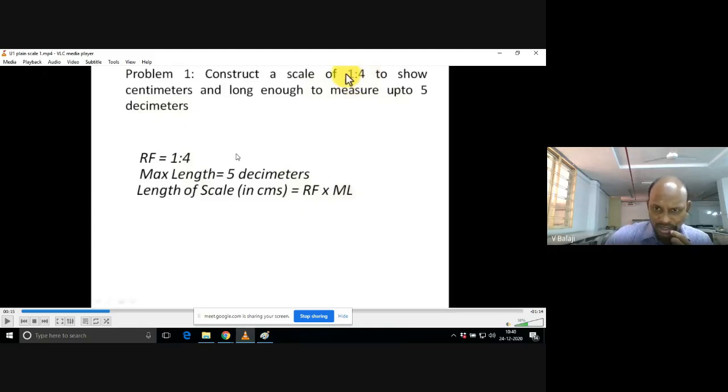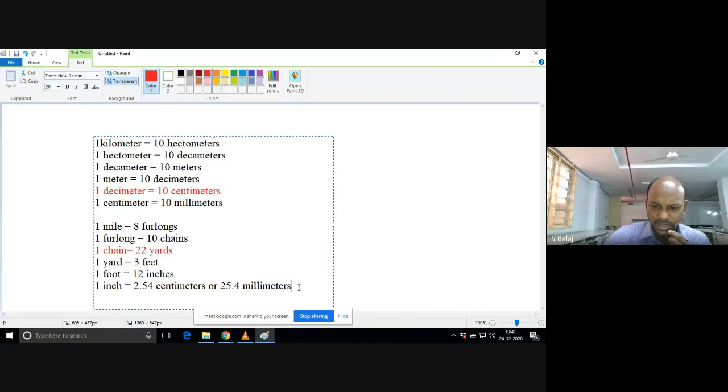In case of a water tanker, what is the size of the tanker? You cannot measure that in terms of area; you need to measure in terms of volume. So that's why I'm telling you, note down, RF is equal to drawing size by actual size. It is very important, that's why I'm insisting on that.